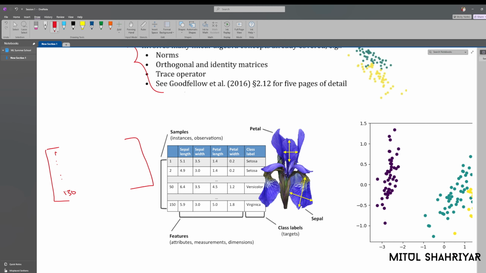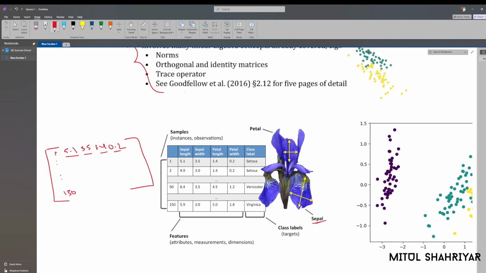That means for the 150 flowers, there is sepal length. You can see what the sepal is. What's the length here? This is the length, this is the width. So for a particular flower, maybe flower 1, the sepal length was 5.1, its sepal width was 3.5, its petal length was 1.4, and its petal width was 0.2.